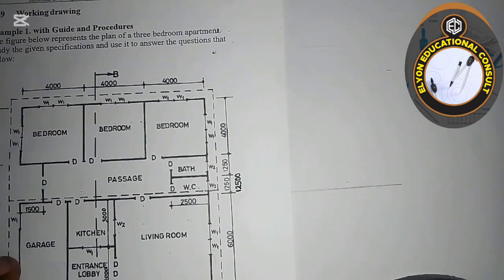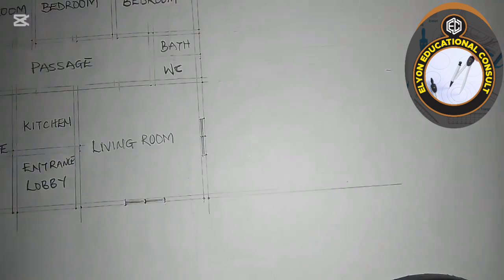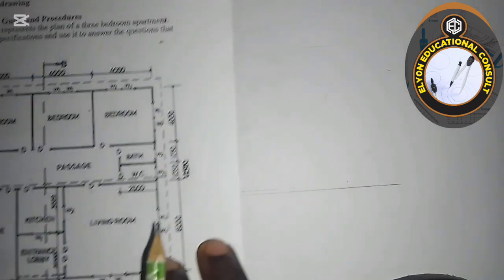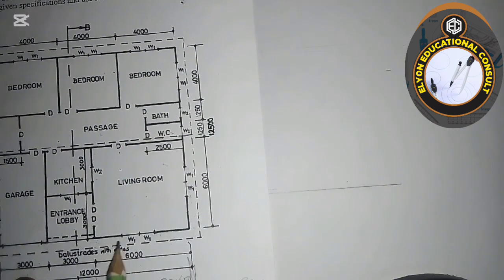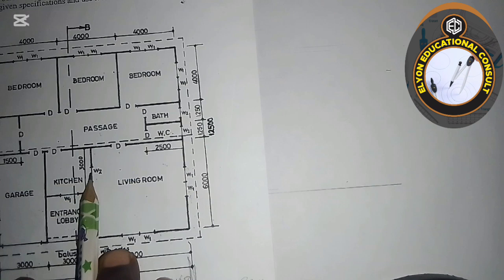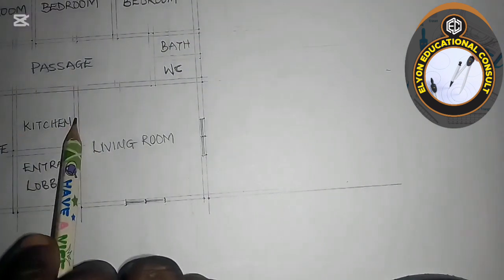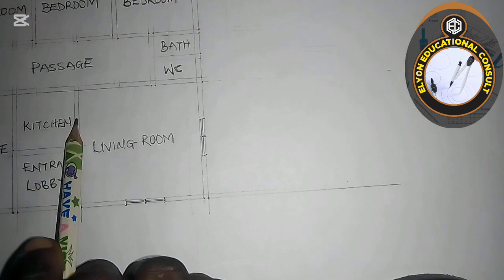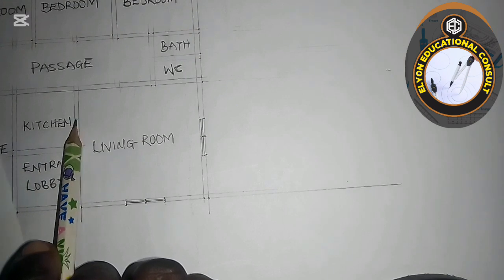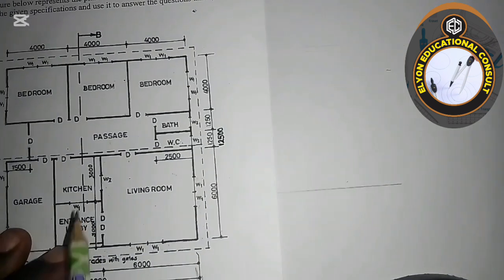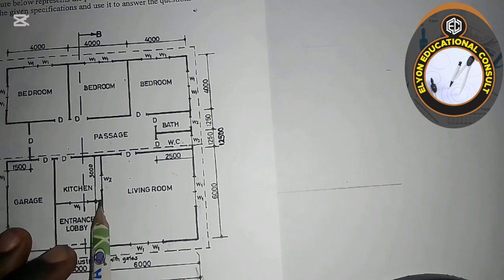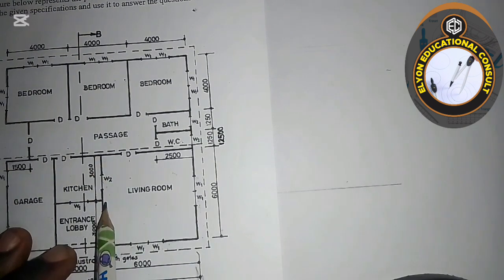So I'm going to be fixing them now. We've done these two. This is one window, another one. Then we need to fix this as well, which is here, at the kitchen side. To do that also, I will do the calculation, but this time around it's going to be 3,000 that I'm going to be using.